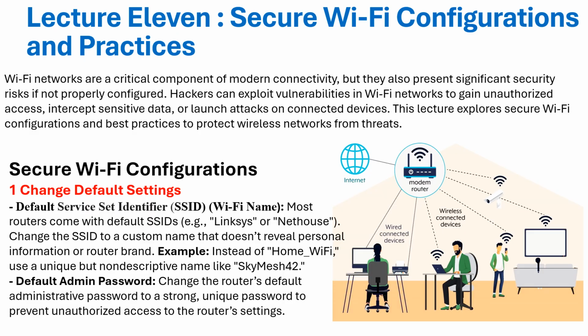So this is one of the recommendations: we have to change the default settings. One of them is the default SSID, which is the Service Set Identifier, or the Wi-Fi name. Most routers come with a default SSID, for example Linksys or NetHouse or Network, whatever it is.